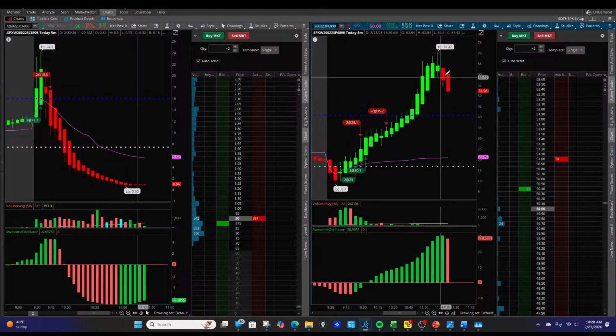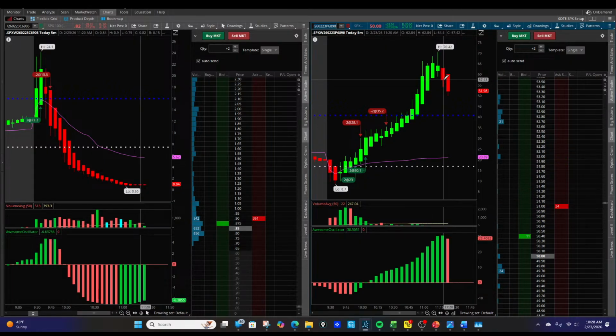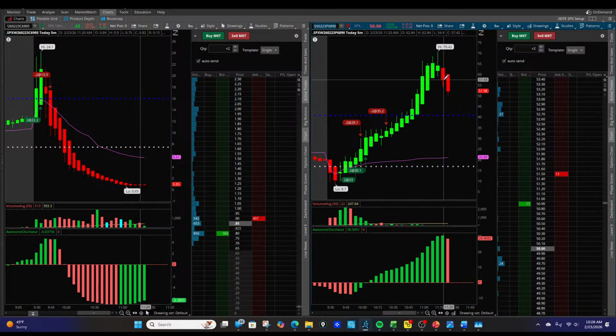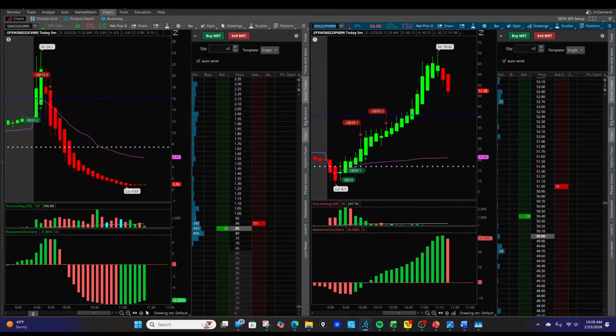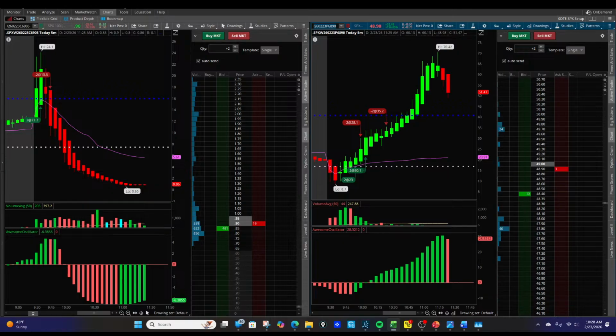And if I would have gotten out at the red candle right here, it'd probably be like around the 60 range. So let me plug that in. Could have made 161% profit if I just stayed in with the green candles.